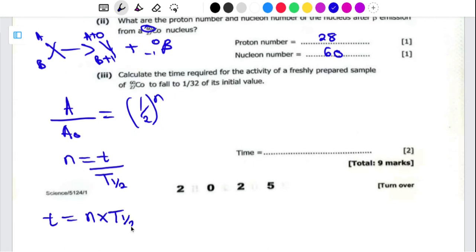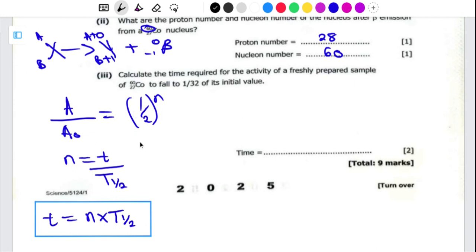So for us to calculate the time required, we have to calculate n. Once we calculate n, it is going to be very easy to find the time required. So let's use this formula here.